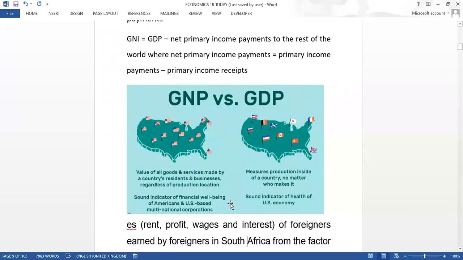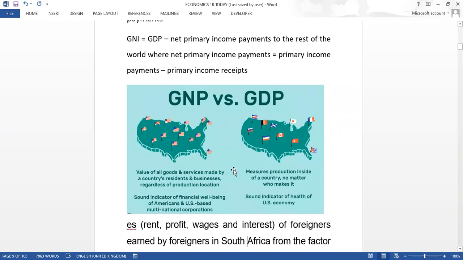So wherever the permanent residents are operating from, whether they're operating from the United States, whether they have branches in other countries, we try to aggregate those payments for us to get the value of goods and services that have been produced. Gross domestic product measures the production that is happening within the boundaries of a country, no matter who makes it.